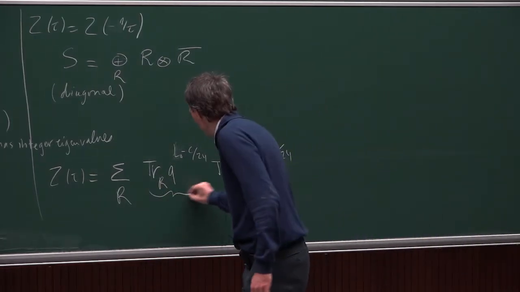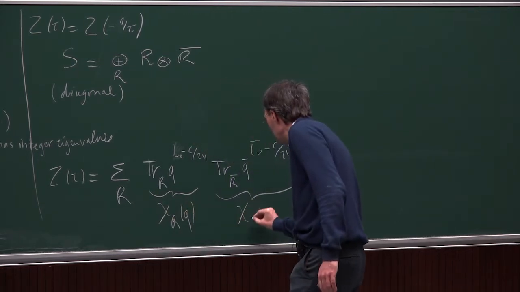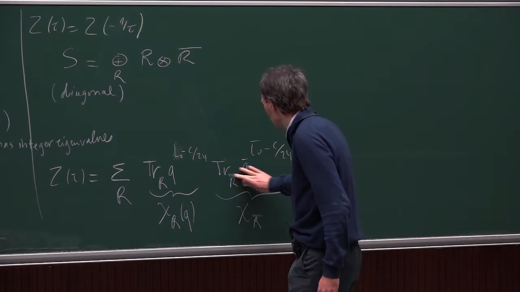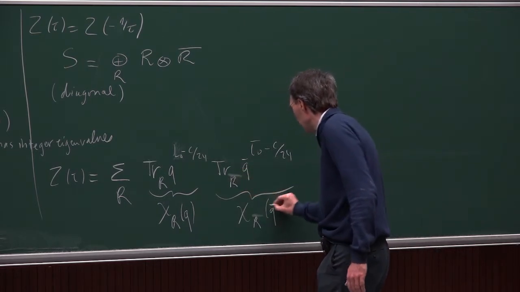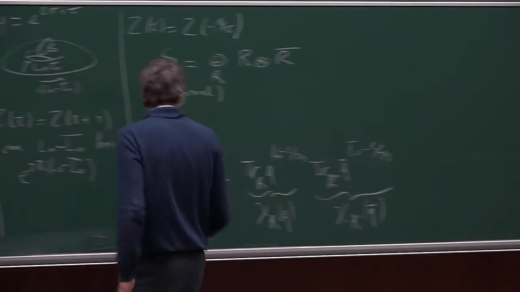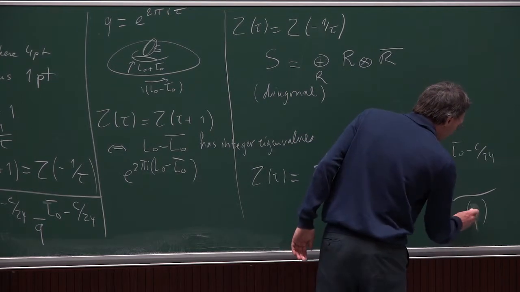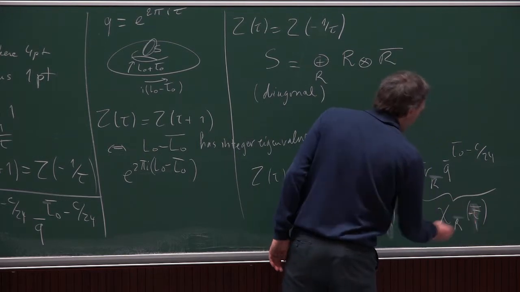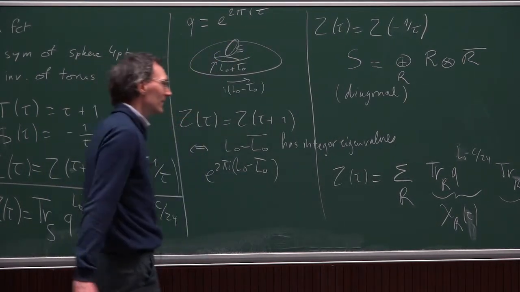Now, these quantities, let me call them characters, chi R of q, and here chi R bar, well, actually it's the same representation on the left and on the right, but chi R of q bar. Actually it would be simpler if I wrote these characters as functions not of q but of tau, because it's tau that has a relatively simple transformation. And here it is not tau bar, but minus tau bar, because when I conjugate q, tau picks up a minus sign.